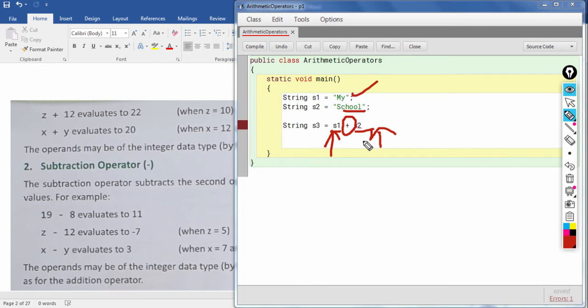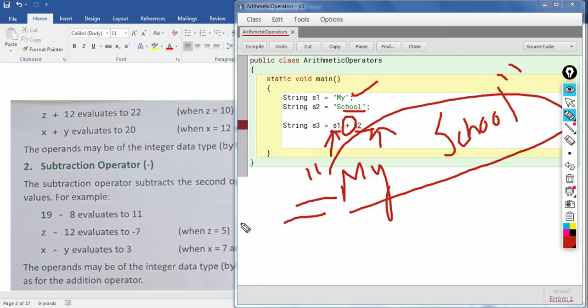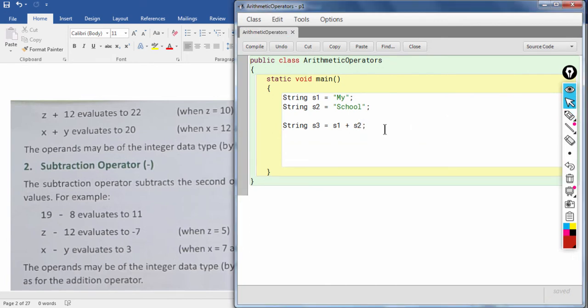It will join the two strings and make them into a single string. So it becomes my school, and this my school string will be assigned into s3. Let's see the output for this.